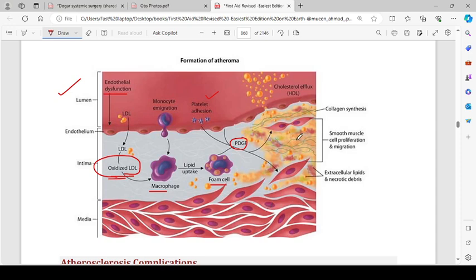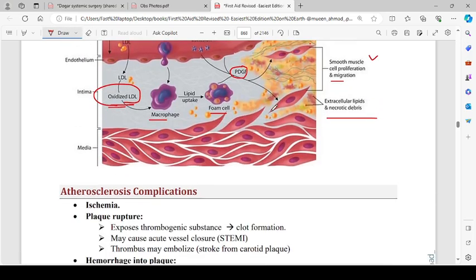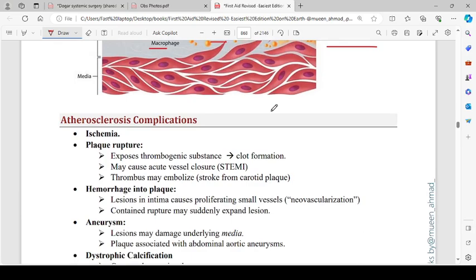They will start eating the LDL and also become foam cells, with smooth muscle cell proliferation, migration, extracellular debris, and necrosis. Now the collagen synthesis will form a fibrous cap. It is the strength of the fibrous cap which tells us about the stability or instability of the plaque. And if it becomes ruptured, it can give us a lot of deadly complications.